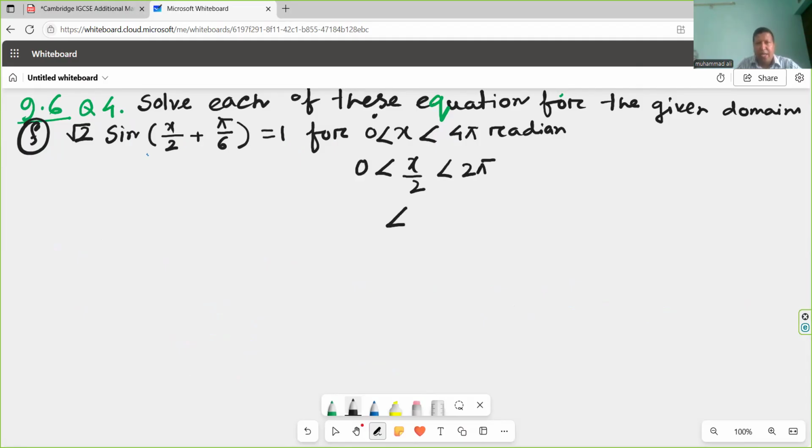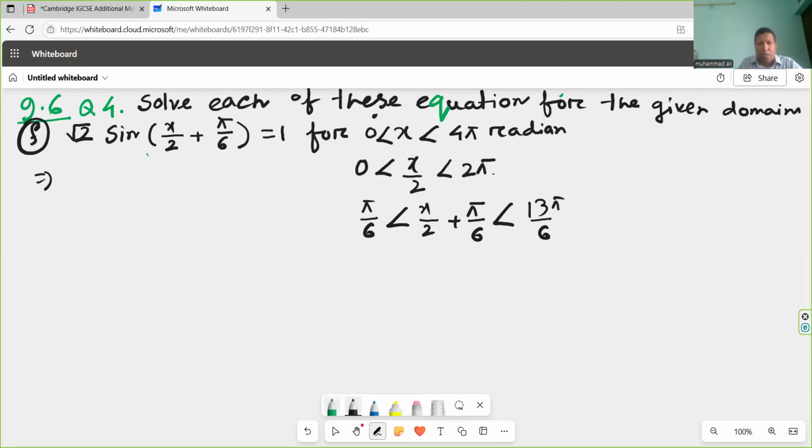After that, we add π/6 everywhere. If we add π/6 here, we will get 13π/6. So our domain will be π/6 < x/2 + π/6 < 13π/6.